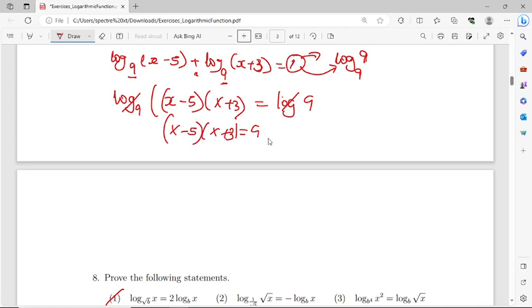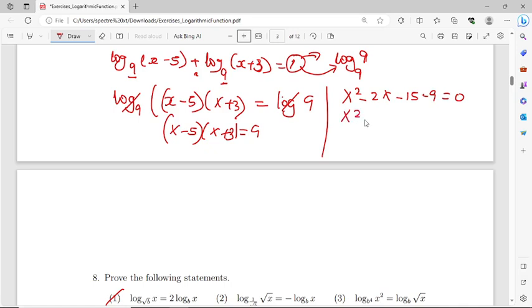So you expand this and solve, and then you get the values of x. When you expand, what do you get? You get x squared, then minus 5 and 3, you get negative 2x, then minus 15, bring 9 from the other side, is equal to 0.